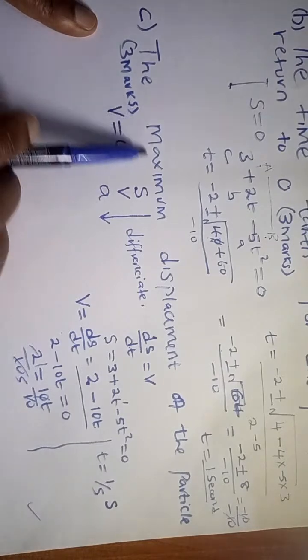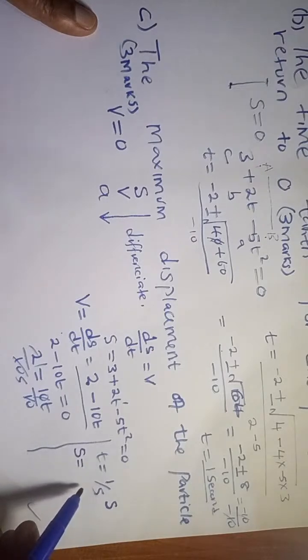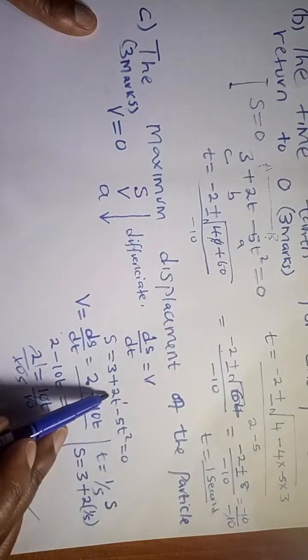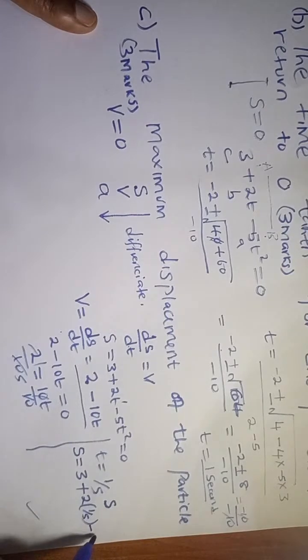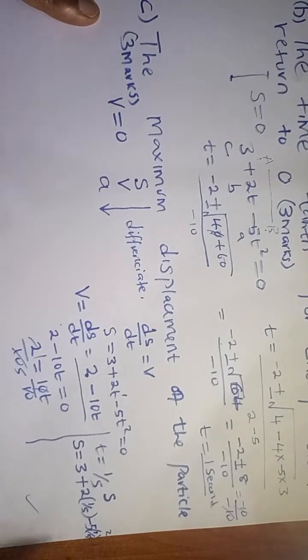But the question is the maximum displacement of the particle. So we're going to take the original equation for displacement and substitute the value of t being 1 over 5. So 1 over 5 squared is 1 over 25, and computing this we get 3 plus 2 over 5 minus 1 over 25 times 5, which is 1 over 5.